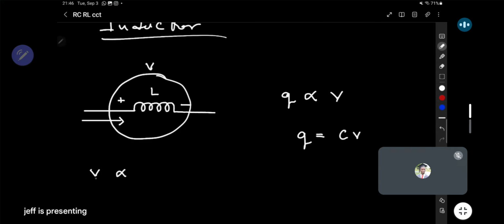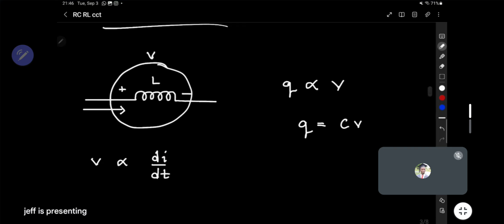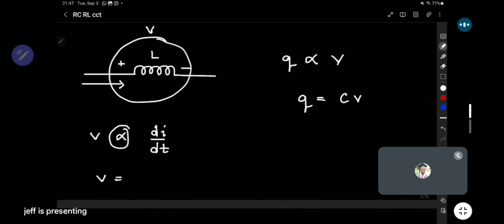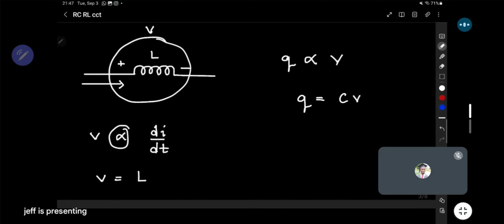Basically, we're saying the voltage will be proportional to the change of current with respect to time. And when you change the proportionality to an equal sign, we introduce a constant, and that is going to be the inductance, L. And this will still be di dt.